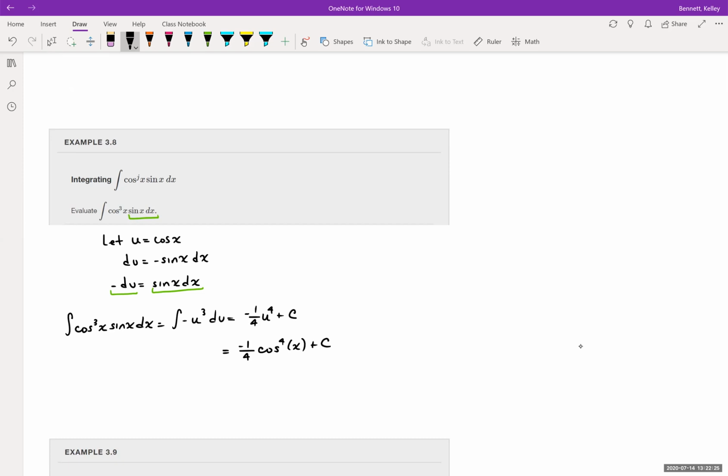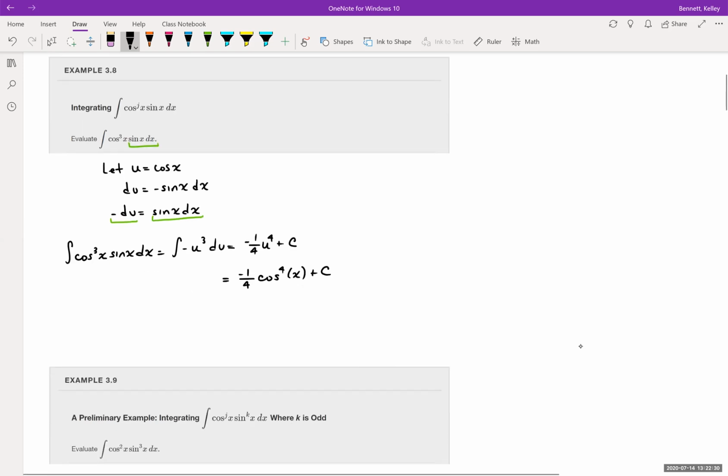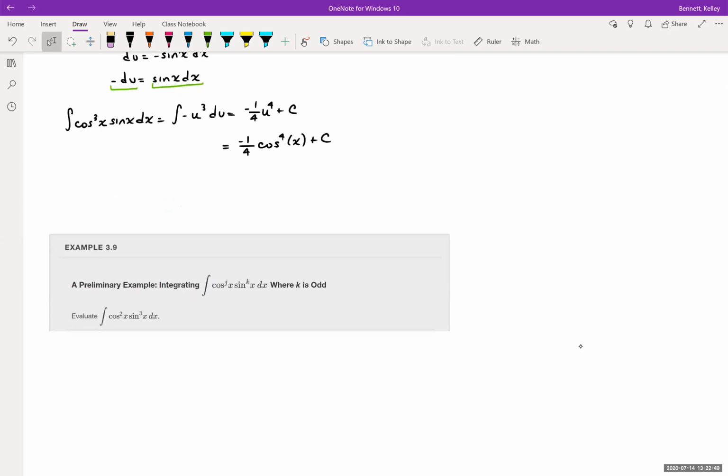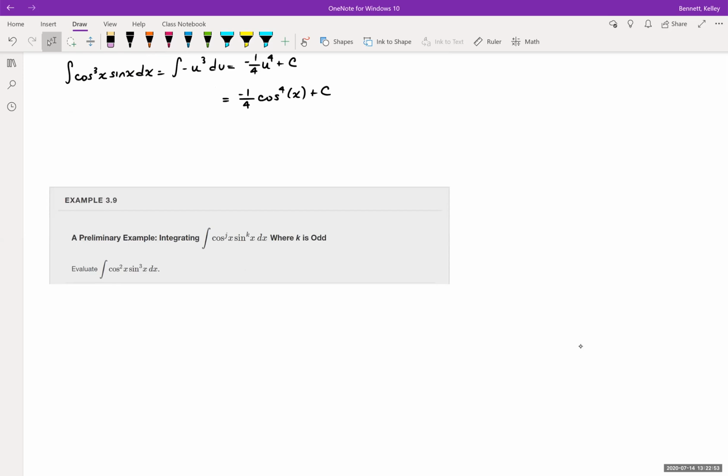Pretty straightforward. Now let's look at something that is perhaps a bit more involved. We have something pretty similar in 3.9, except this time our sine is cubed. But we're still going to think about this in terms of sine being the derivative of cosine. We just need to work the sine cubed part to make this happen. So again, with sine squared plus cosine squared being 1, the idea is to split this.